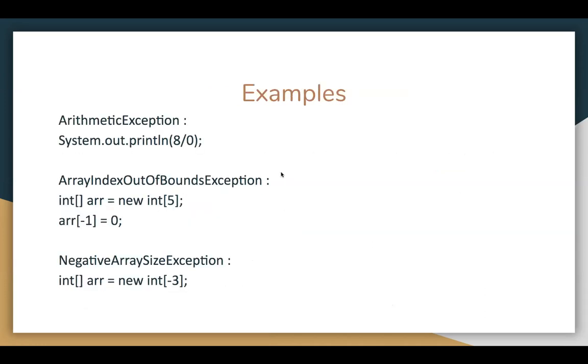So, like I said, I have some examples. First one, arithmetic exception: you can see here that if you divide a number by 0, then you'll get an arithmetic exception. The next one, array index out of bounds exception: if I have an array of 5 and I want to see a -1 index here, then I'm going to get an array index out of bounds exception.